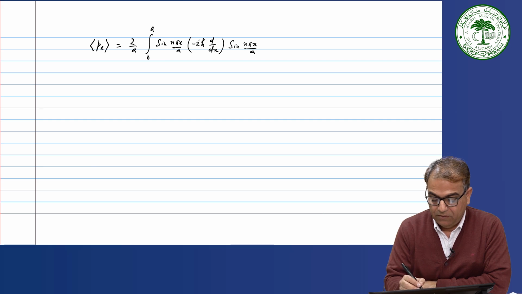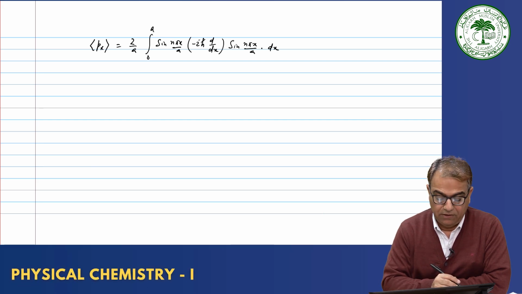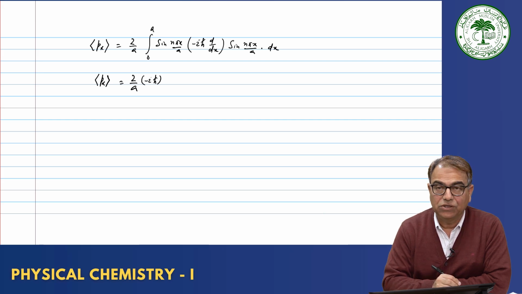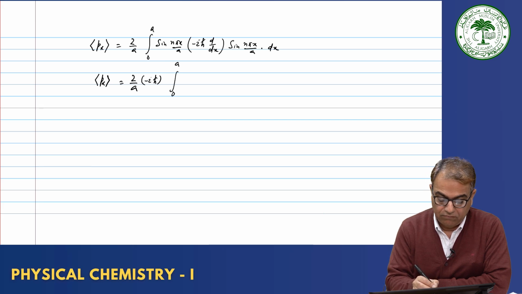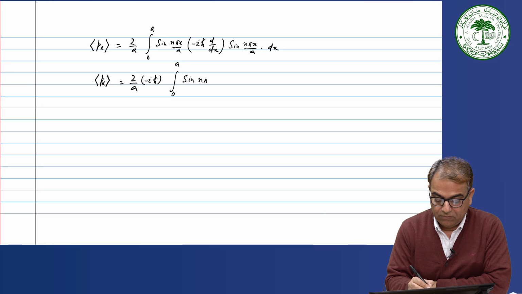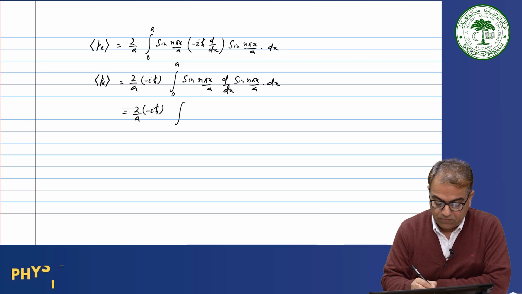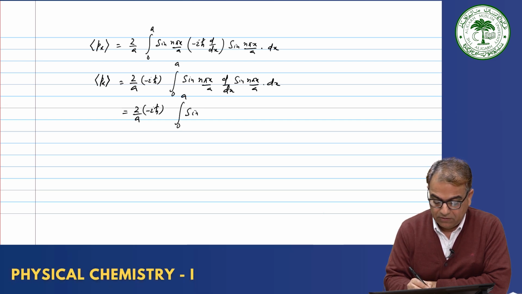So px will be equal to 2 divided by a, h cross you can bring outside, and d/dx of sine n pi x upon a, so you can write sine n pi x upon a, cos n pi x upon a into dx.